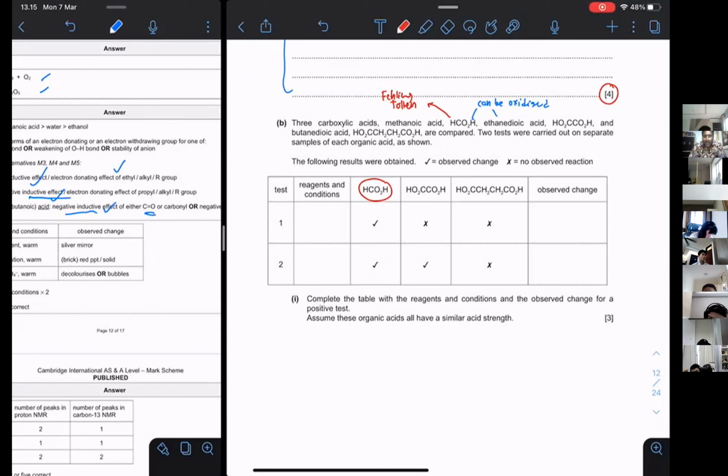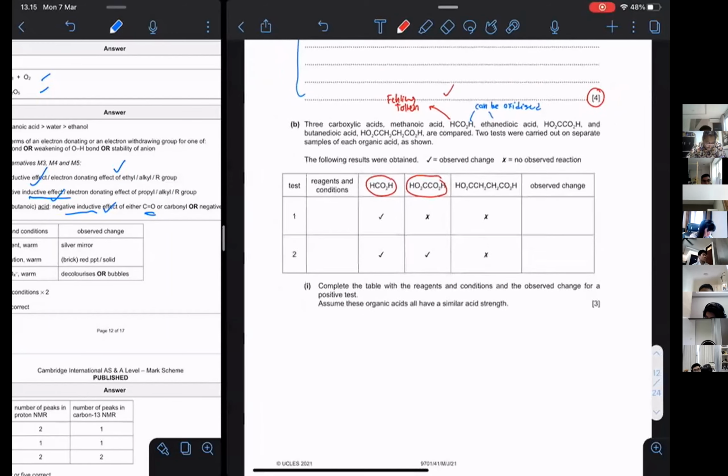Ethane dioic acid can actually undergo the same reaction as methanoic acid, but butane dioic acid cannot. I think we already put the points over here. The only thing that can react with methanoic acid only is the oxidation involving Fehling's and Tollens'.